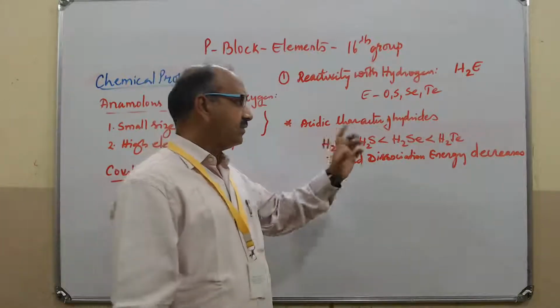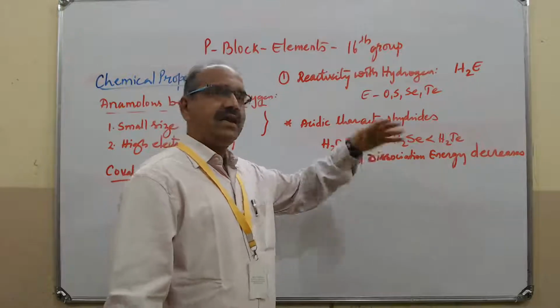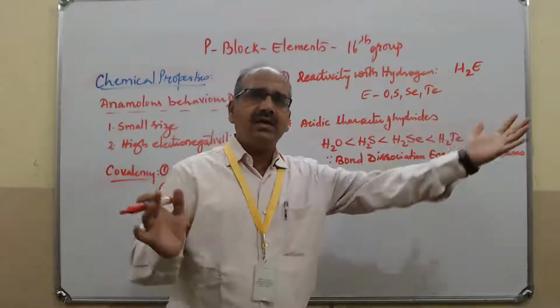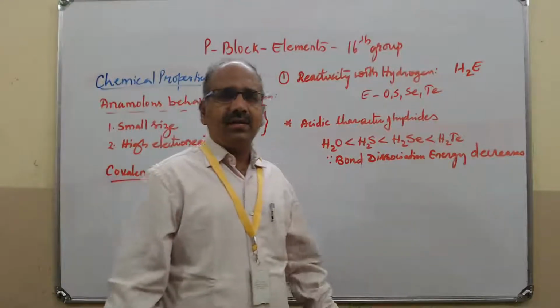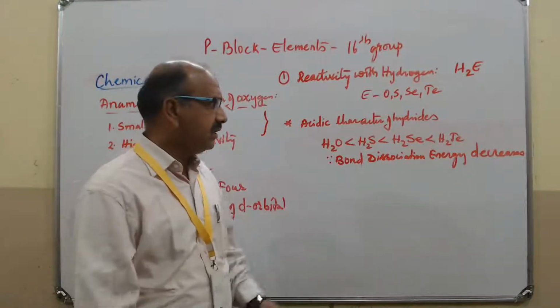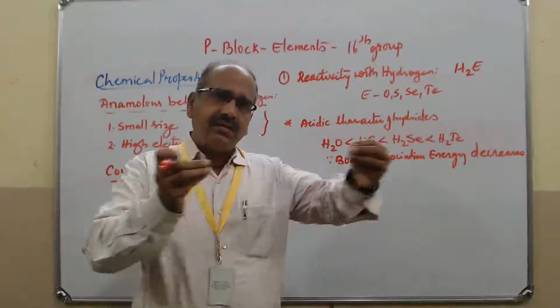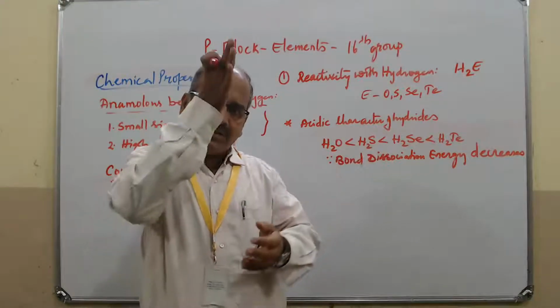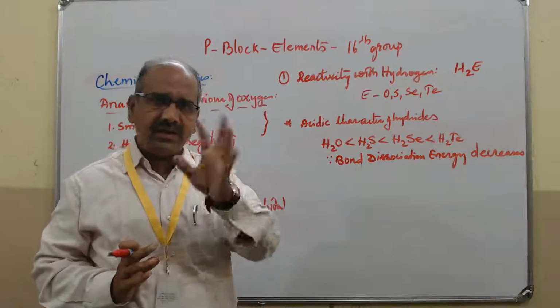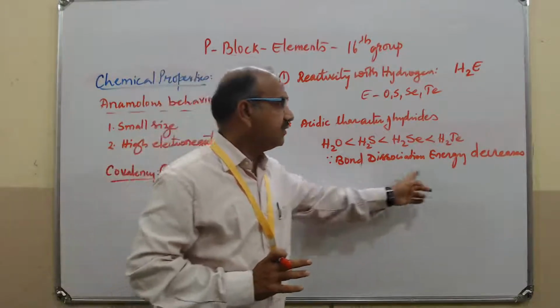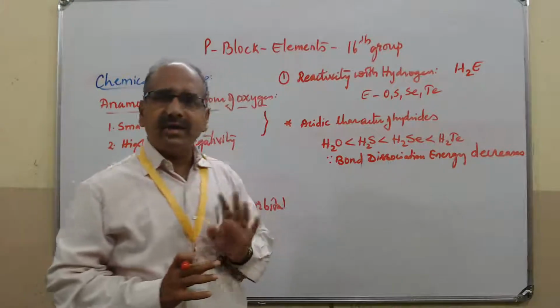Oxygen is small, sulfur is a little larger, selenium still larger, tellurium still larger. As atomic size increases, the bond length increases. When bond length increases, to break that bond you need to supply less energy. So bond dissociation energy is decreasing.